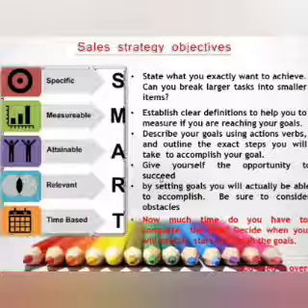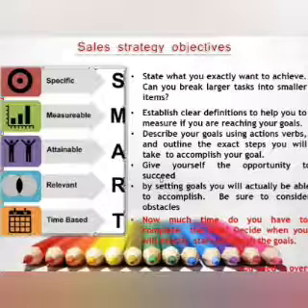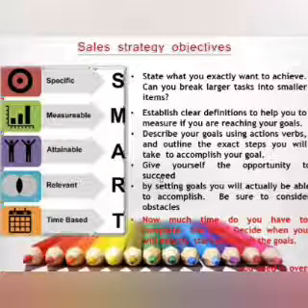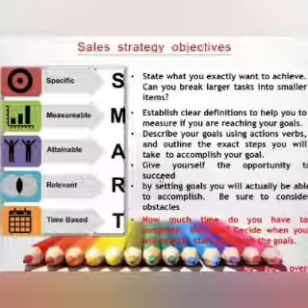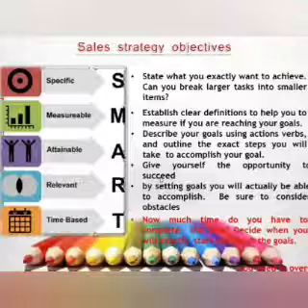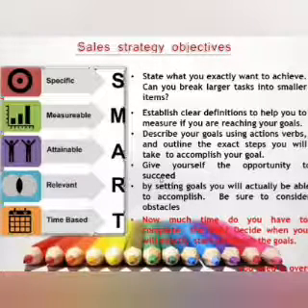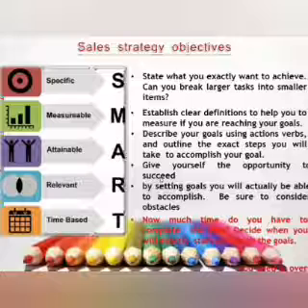You should know each and everything, and according to these factors, you have to design your sales strategy. So relevance of your business, relevance of your product is also very important to develop a sales strategy objective.